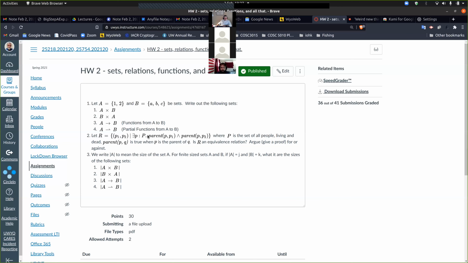I think some people wanted me to write this relation flipping the order, but it doesn't matter. Like in the parent relation, parent relation is true when the first element is the parent. Some people found that confusing.